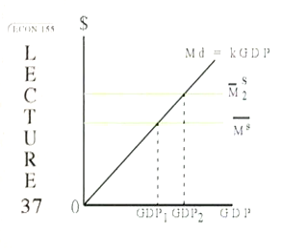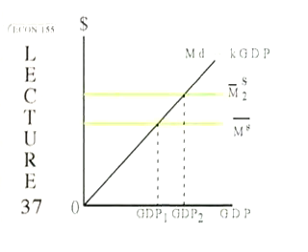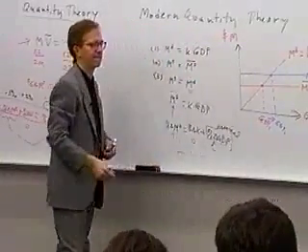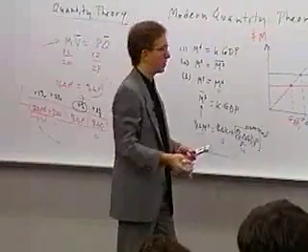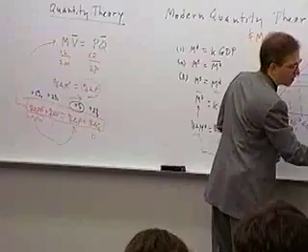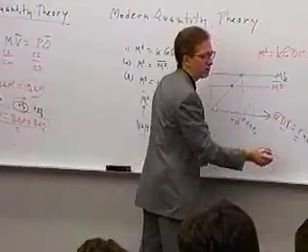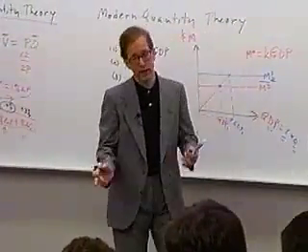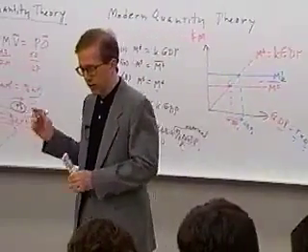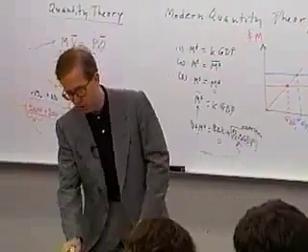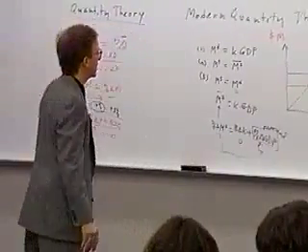So changes in the money supply affect nominal GDP, which may be the price level, may affect the inflation rate, may affect real GDP. It could affect either one. Anyway, that is all really in the way of review of what we've talked about in the past.